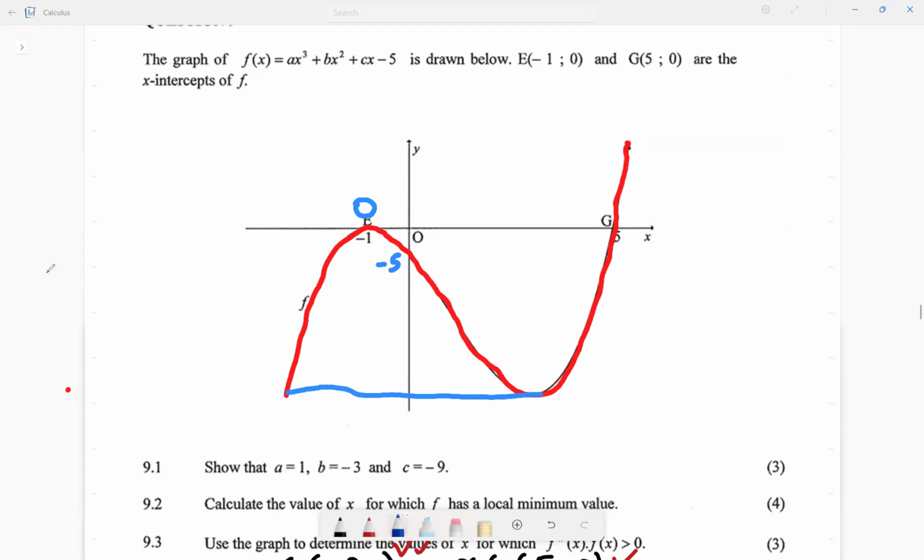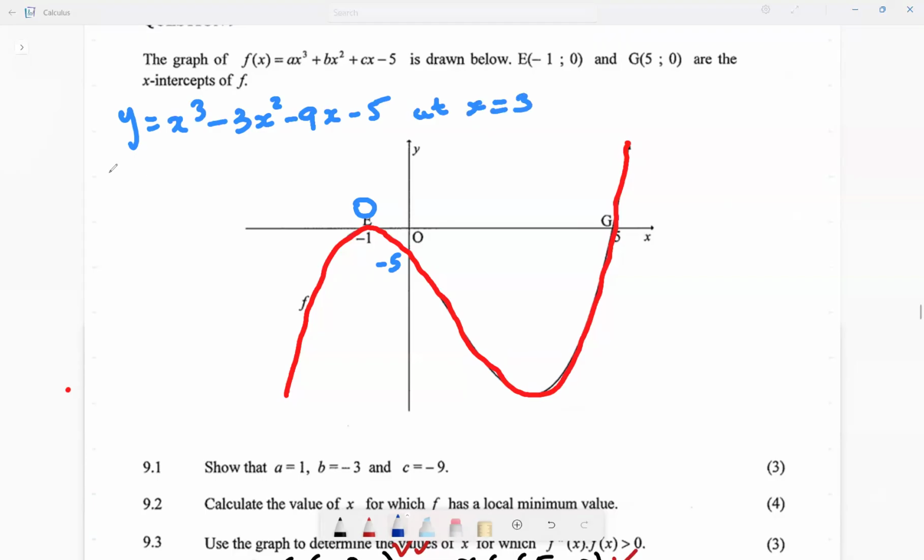Remember my graph equation, it is y is equal to x cubed minus 3x squared minus 9x minus 5. So here, remember the x coordinate is 3. So I want to see at 3, how much is my y?